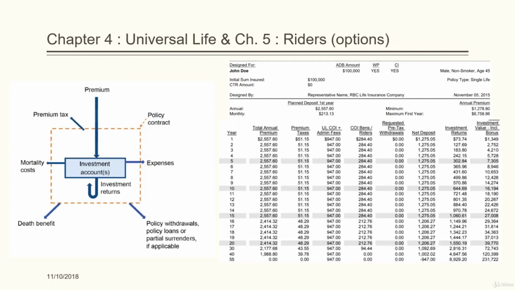It really doesn't make much sense for the client to pay only the minimum, because you're not really using the policy for the purpose that it was created. It's like getting a smartphone and not using all the features of the smartphone.